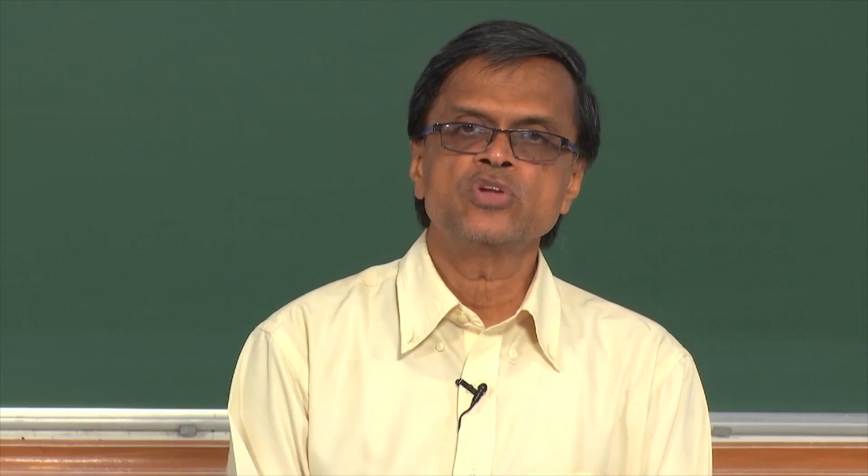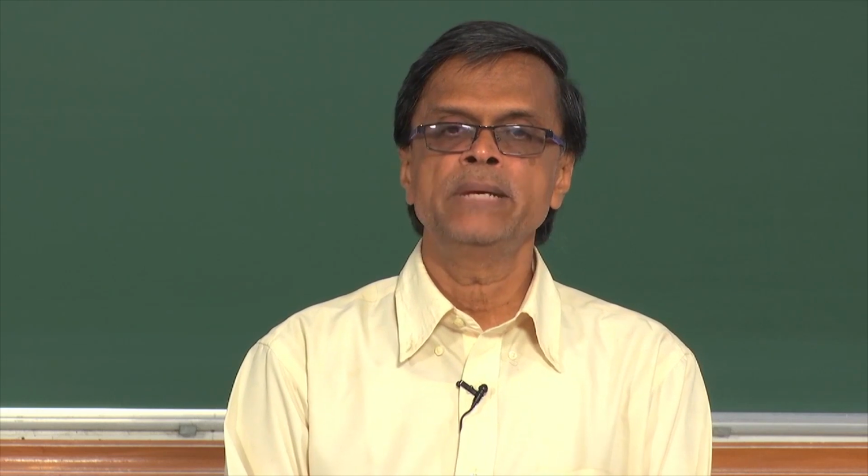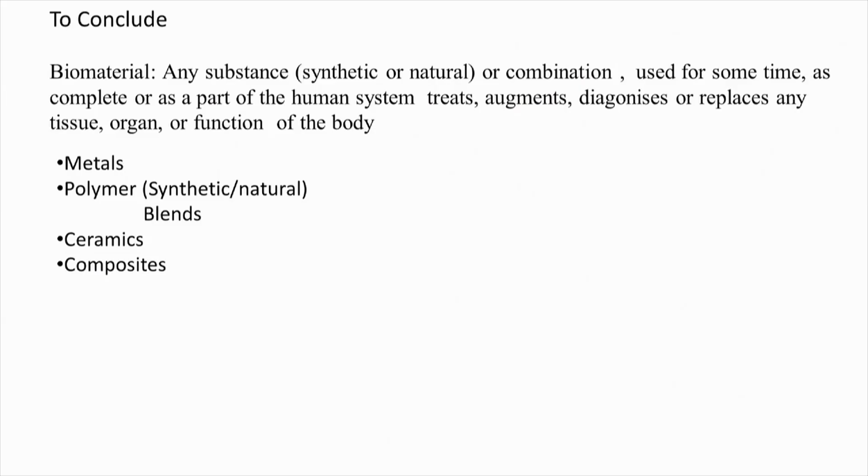Of course, a drug is not a biomaterial, whereas a drug delivery system, the polymeric system which is carrying the drug, is a biomaterial. We have spent a lot of time on this topic in the past 40 lectures. We looked at metals, polymers, synthetic polymers of different types, natural polymers, polysaccharides, proteins.